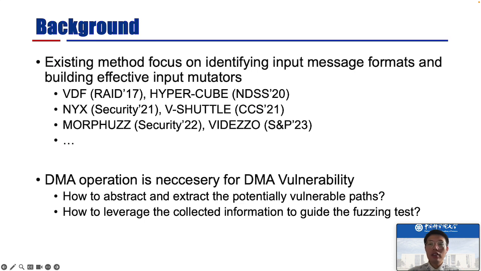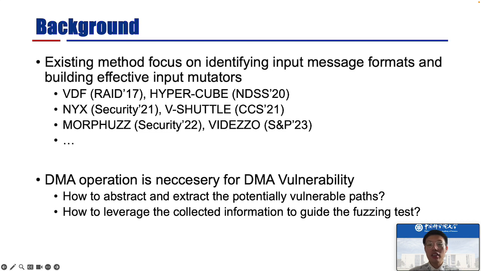In recent years, researchers have proposed several methods to detect various issues in virtual devices, and most of them focused on identifying input message formats and building effective input mutators to increase the effectiveness of fuzzing by generating valid input messages to specific interfaces.